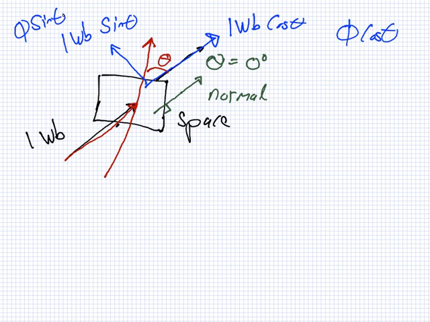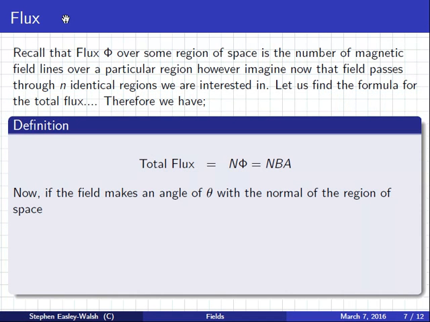Now, which one do you care about here when you want to know the flux in total? It's the one that passes through it. The other one actually doesn't pass through it. Only the cos one does. So, like earlier today, all I have to do if there's an angle is just stick a cos theta at the end. And that is the flux at an angle in total.